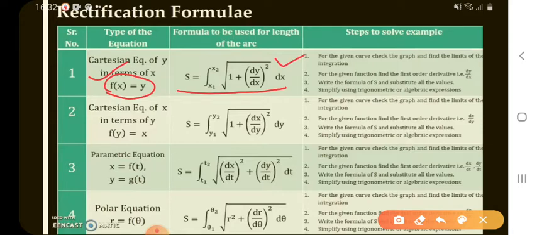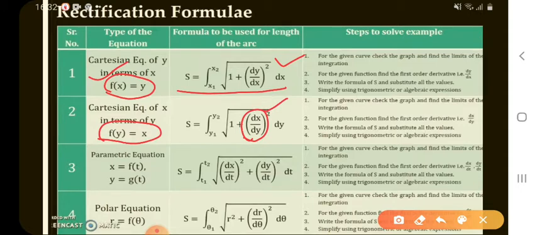Already in the first video we did a problem also. Next, what is the second form of Cartesian form? The given equation is x equals f of y. That is, the equation is a function in terms of y. Here we find the limit values of y and we differentiate the given function with respect to y. So we find dx by dy.